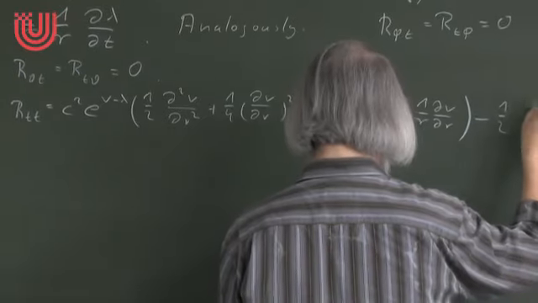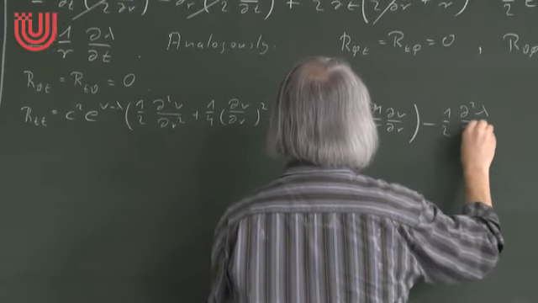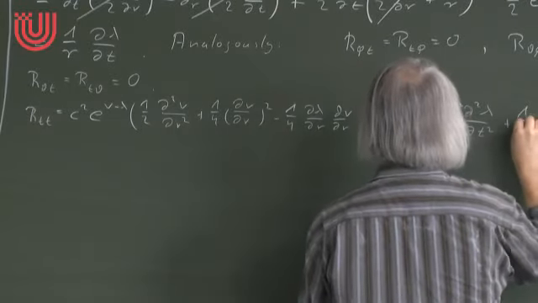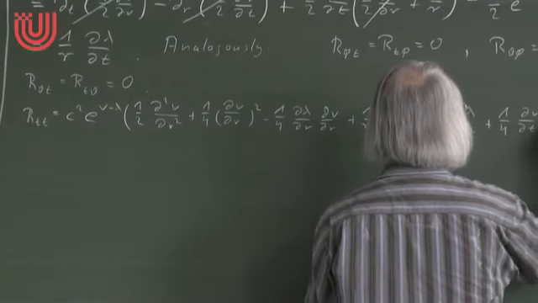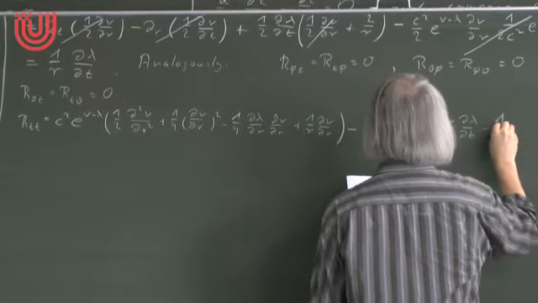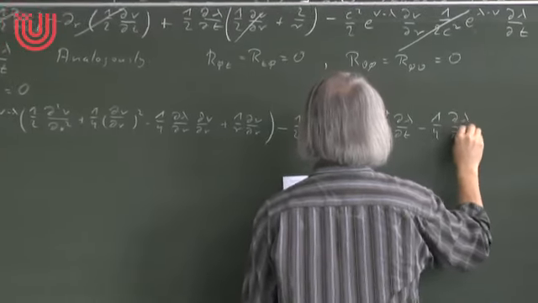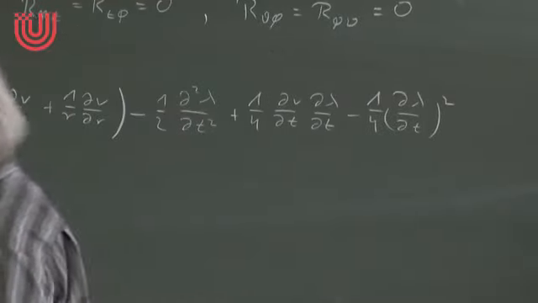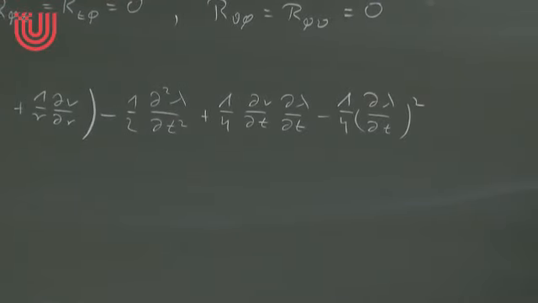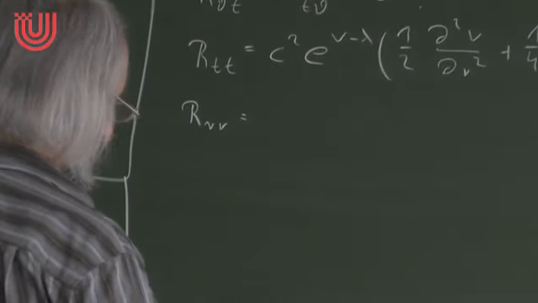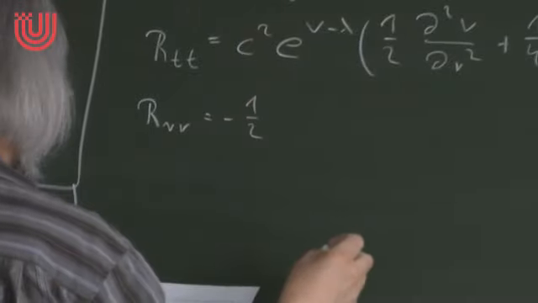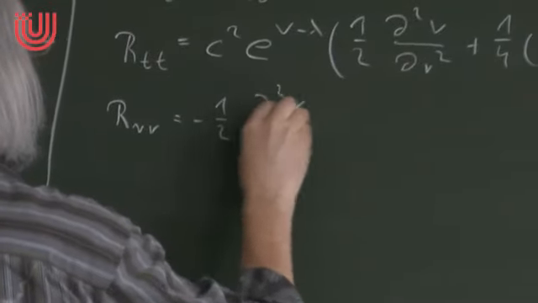Now come time derivatives: minus 1/2 d2 lambda dt squared, plus 1/4 d nu by dt, d lambda by dt, minus 1/4 d lambda by dt squared. That's RTT. RRR is also a bit awkward. Where is it here? It's minus 1/2 d2 nu dt squared. Sorry, dr squared.